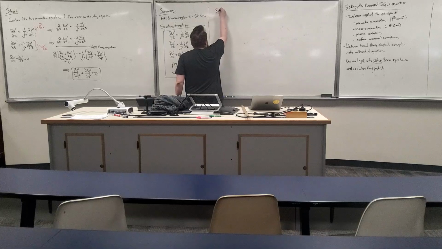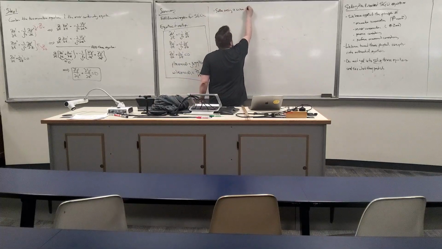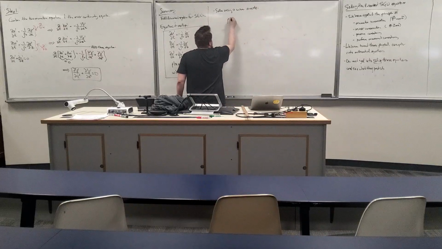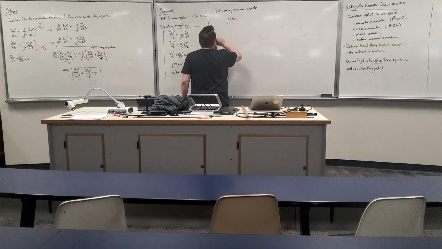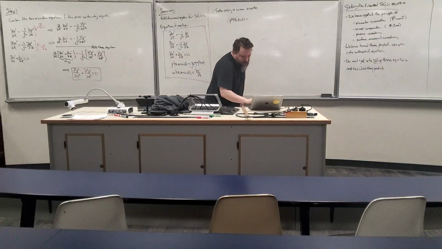We're going to solve using a wave ansatz, and an ansatz is just a guess. So we're going to guess that p prime of x, z, and t is equal to, what notation did I use?